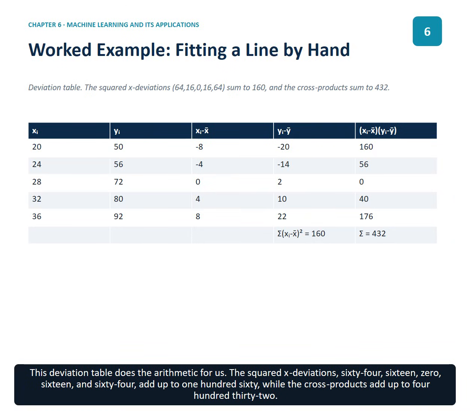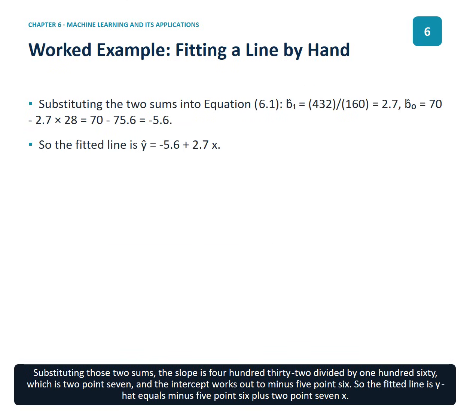The squared x deviations 64, 16, 0, 16, and 64 add up to 160, while the cross products add up to 432. Substituting those two sums, the slope is 432 divided by 160, which is 2.7, and the intercept works out to minus 5.6. So the fitted line is y hat equals minus 5.6 plus 2.7x.